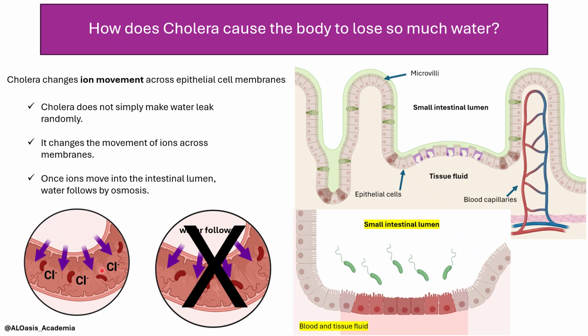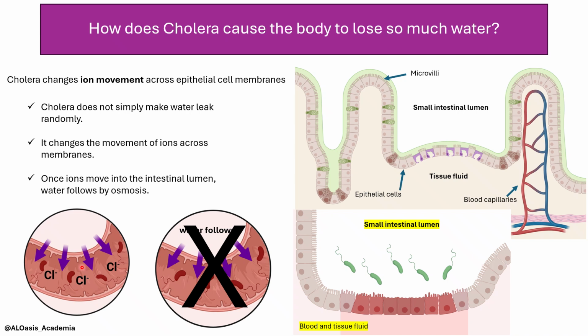Okay, and since the chloride ion levels will increase in the lumen, this will result in the water following that, down the water potential gradient, using osmosis. Okay, and we will explain later on how exactly that is happening. But this is just a general idea. This slide is just to give you a general idea of the whole process.